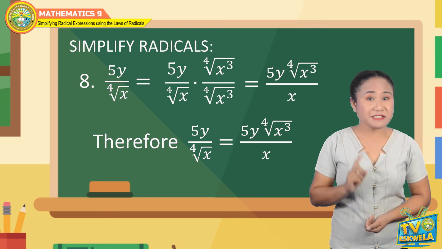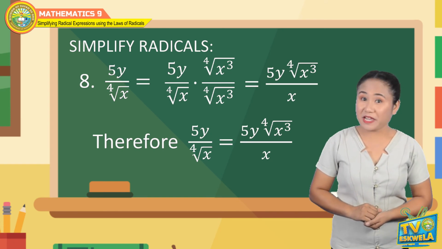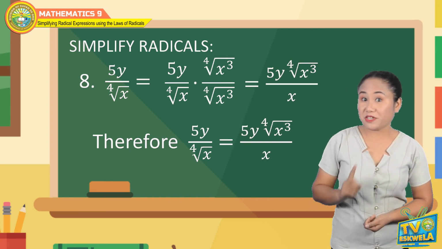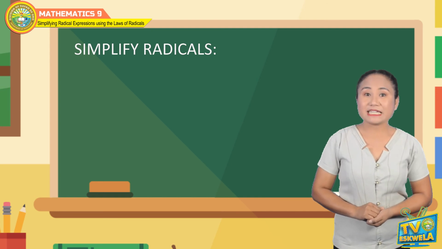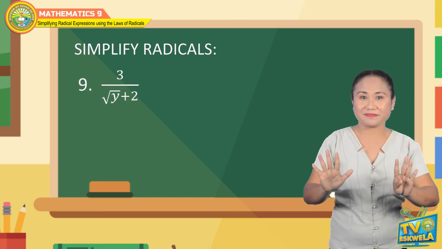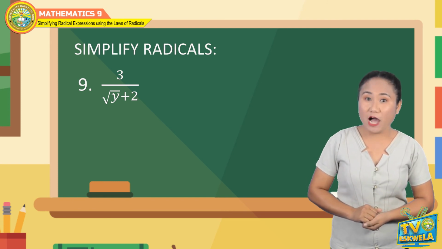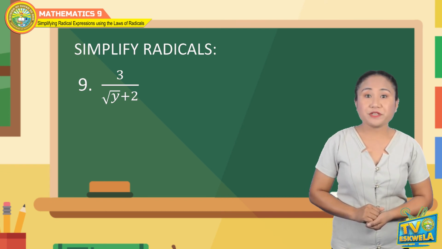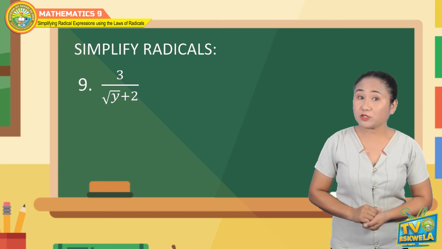Now, what if the denominator of the expression is a binomial and has a radical term? Consider this next example. Example number 9. 3 over square root of y plus 2. The denominator is a binomial with the first term a radical. What do we do then?